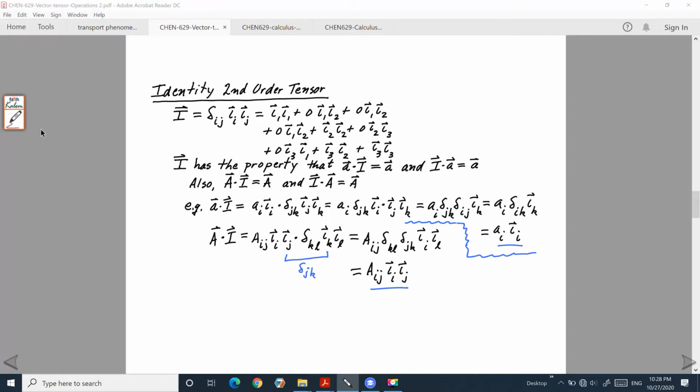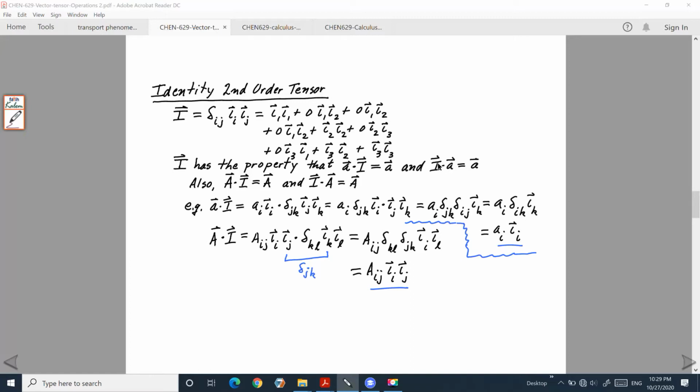Okay, in here we have the term identity second order tensor. We can write the identity tensor by this formula. We have only these elements, the other elements are 0. The dot product or inner product between a vector and an identity tensor gives the result of the vector itself.